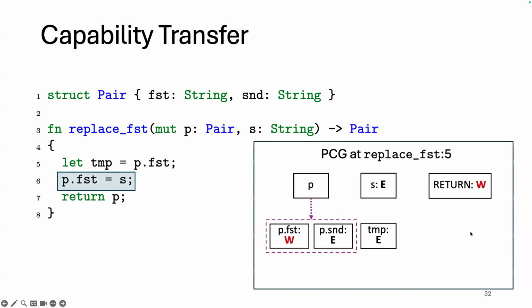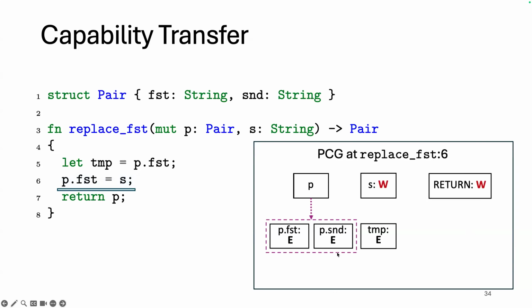So this is, again, a transfer of capability. So capability from S is going to get moved out. It's already in the graph, so the analysis just downgrades it directly. And then P dot first, also still in the graph, gets updated to exclusive capability.